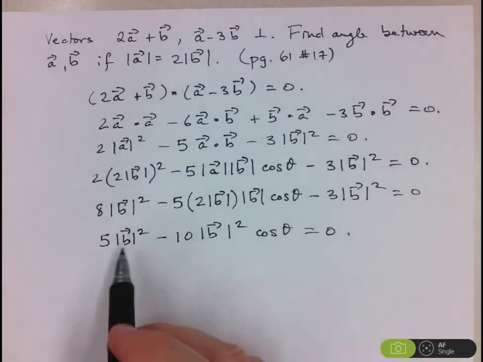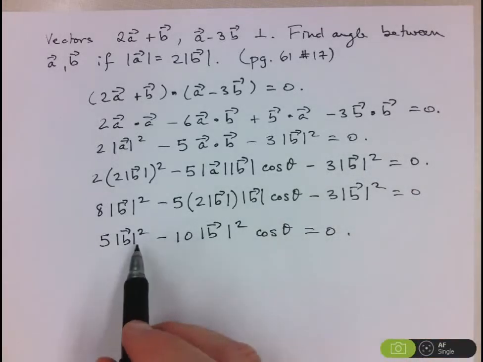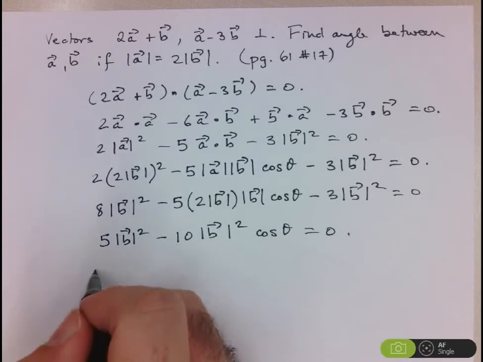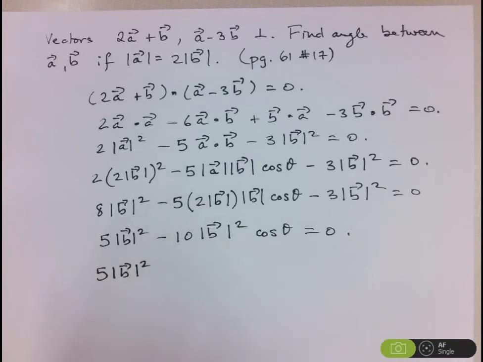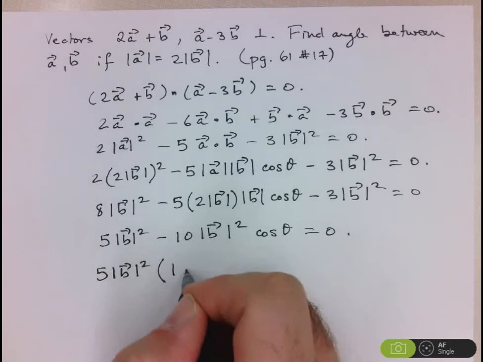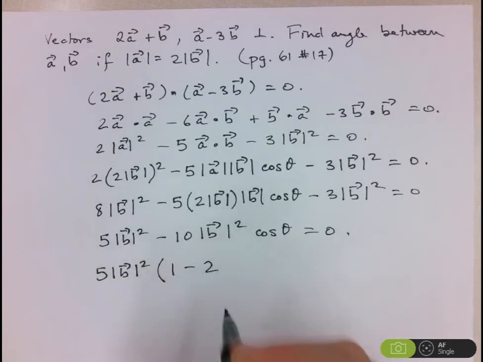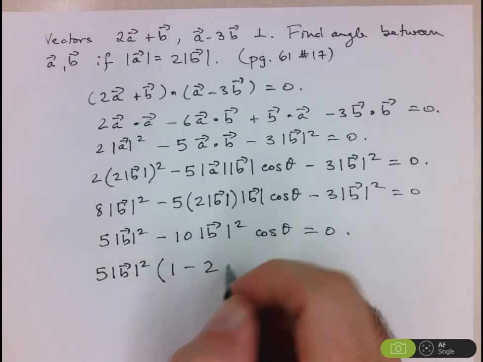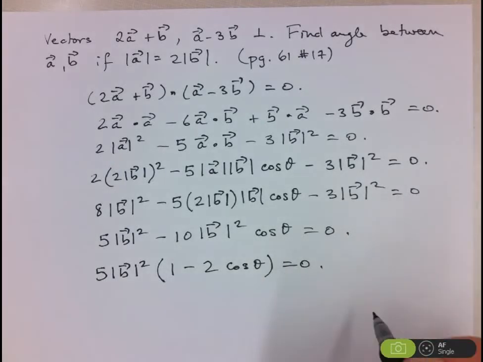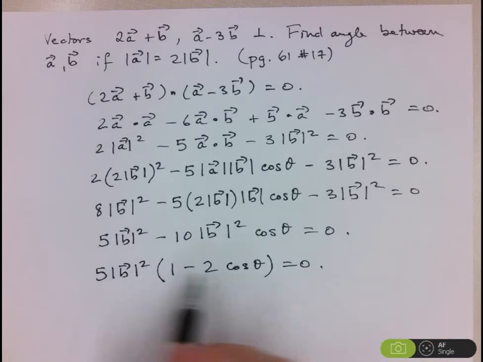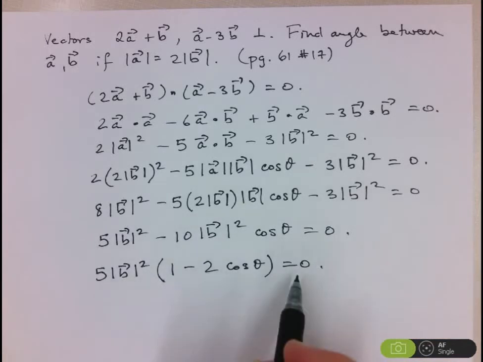Now I look at these two expressions, and I see that there's a common factor. They both have a common factor of 5, and they both have a common factor of b squared. So when I remove that, what am I left with? I'm just left with 1, minus 10 divided by 5 is 2, the magnitude of b squared is gone, and I've got cos theta equals 0. So I've got the product of two expressions equal to 0. We're going to use an old trick.